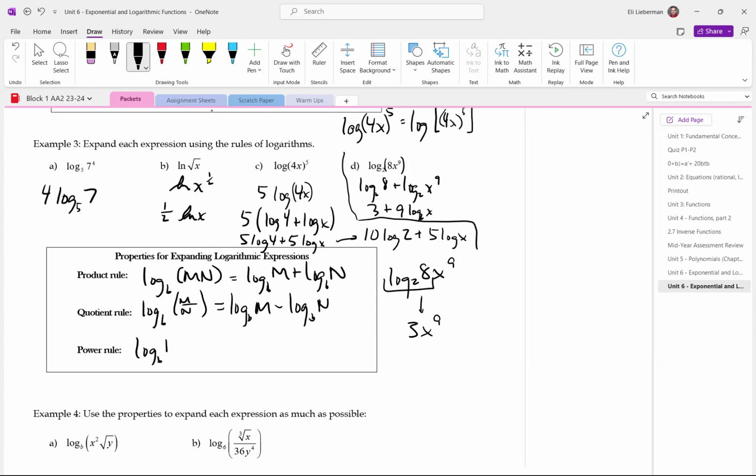And log base b of m to the p equals p times log base b of m. And these work in 2 directions. There's kind of like 6 rules, but really only 3.